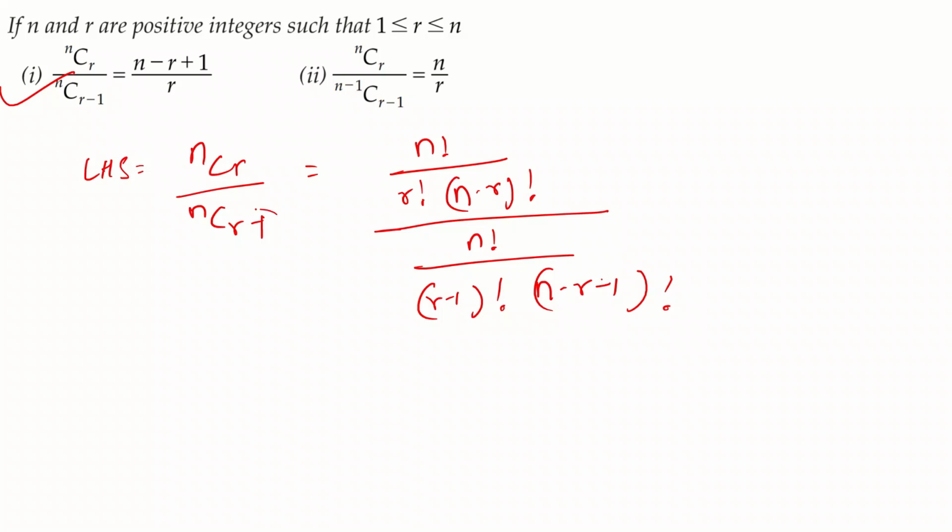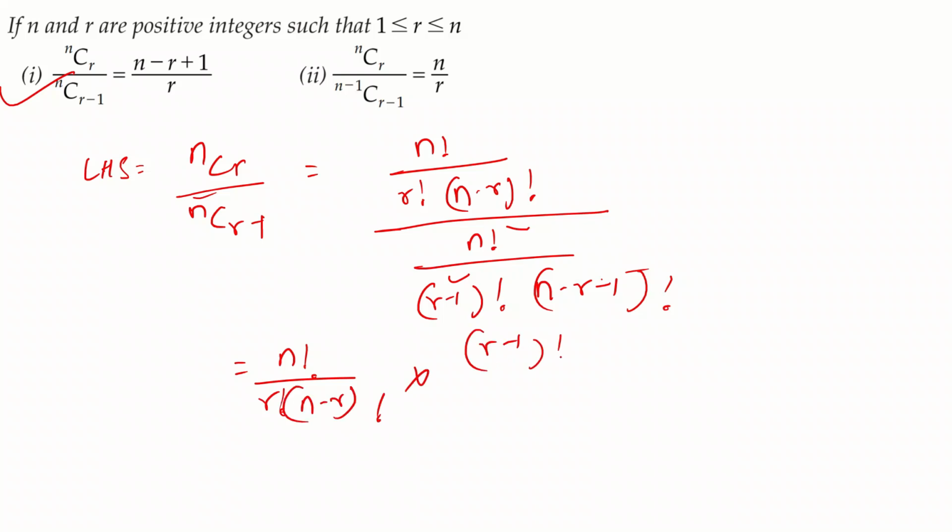So in place of r we have r minus 1, so it is n factorial by this factorial into this minus this factorial. That is why we are having such a result. You verify it yourself. Now we multiply with the reciprocal of the denominator and see what we have. n factorial by r factorial (n minus r) factorial, and now the reciprocal of the denominator.